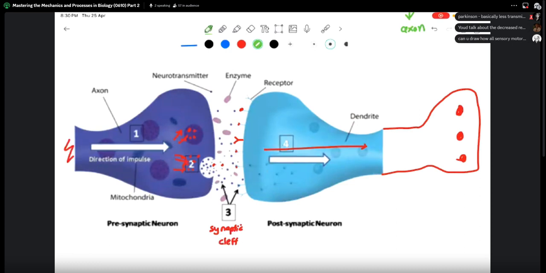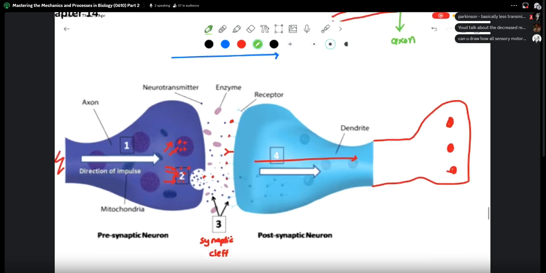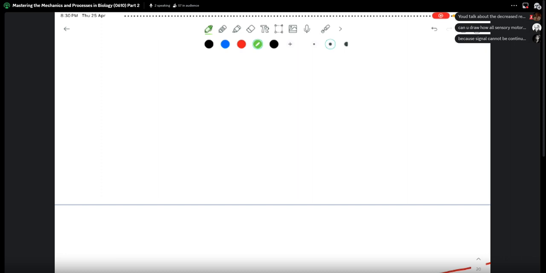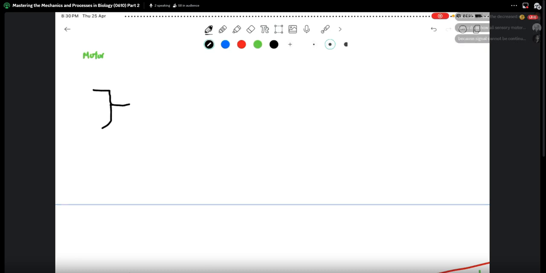Can you draw the sensory, motor and relay neurons? My drawing is not very good, but yeah, sure. So a motor neuron, okay, if I'm not mistaken, it looks something like this.